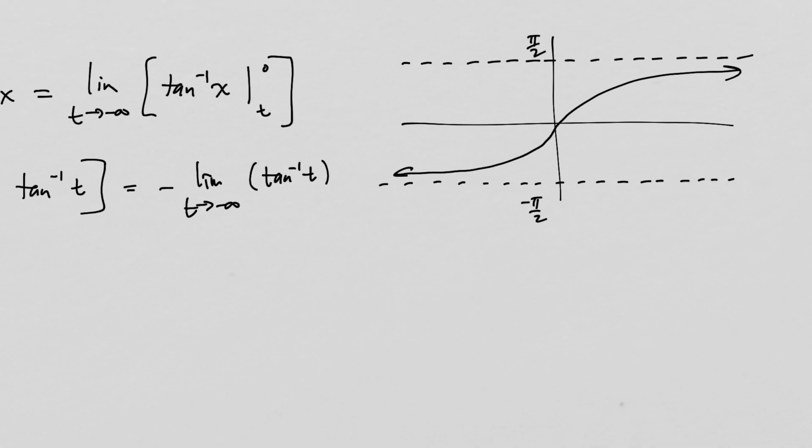So if this is the inverse tangent graph, as numbers t go to negative infinity, the graph is approaching this horizontal line at negative pi over 2. So because of that, this is equal to negative negative pi over 2, which of course is just pi over 2.